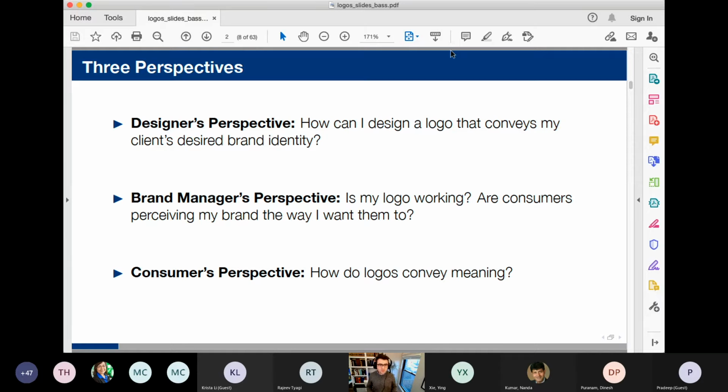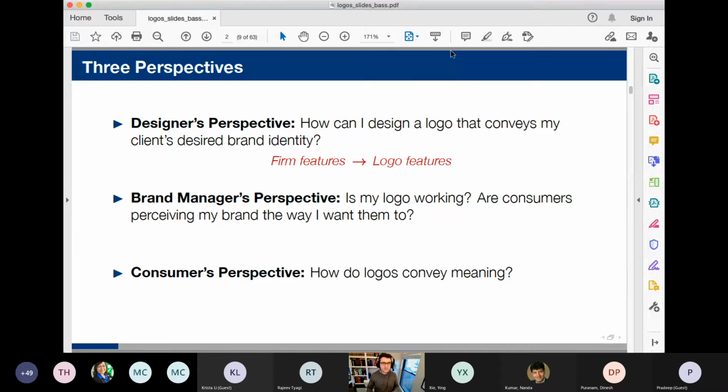They are foundational because each involves thinking about data in a different way. Specifically, a designer being charged with designing a new logo is really the task of taking some features of the firm and producing a logo.